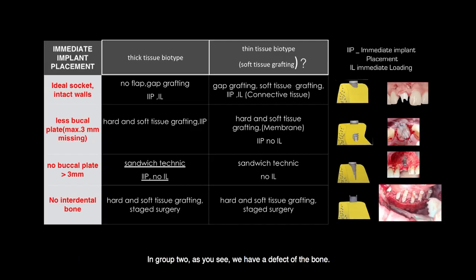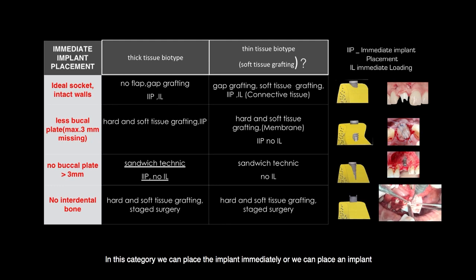In group 2, as you see, we have a defect of the bone. In this category, we can place the implant immediately, or we can place an implant and graft in the same session by bone grafting, by a membrane or a matrix, in the case of the thin tissue biotype.